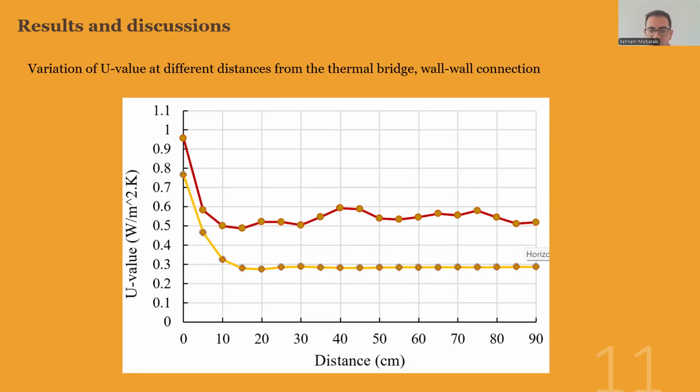So the higher U values close to the edges indicate a greater heat loss due to the thermal breach. This comparison between the two curves finally shows us how different configurations or conditions influence heat transfer behavior.